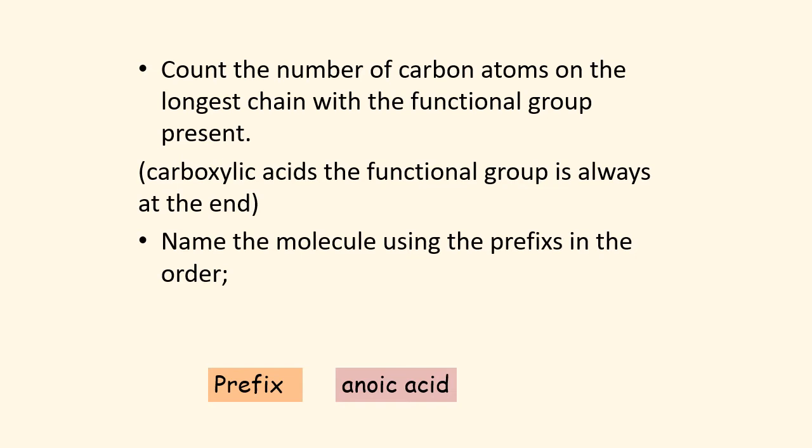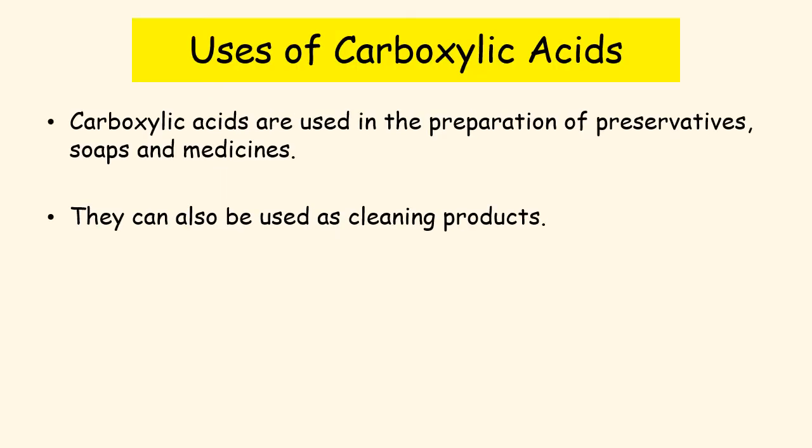And then we count the rest of the molecule to see how many carbons there are and use the appropriate prefix. Remember that when you're counting the carbons, the carbon that is part of the COOH group is always carbon number 1.